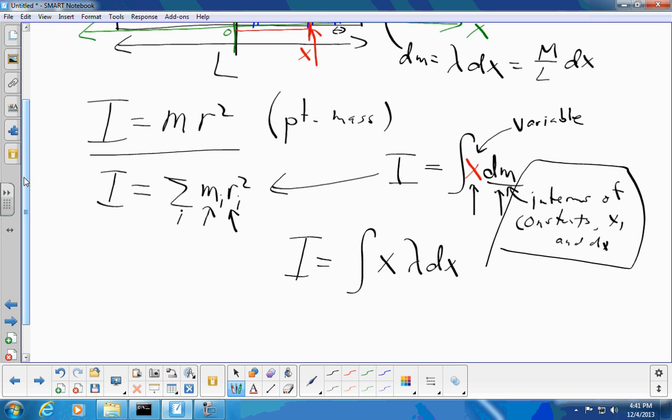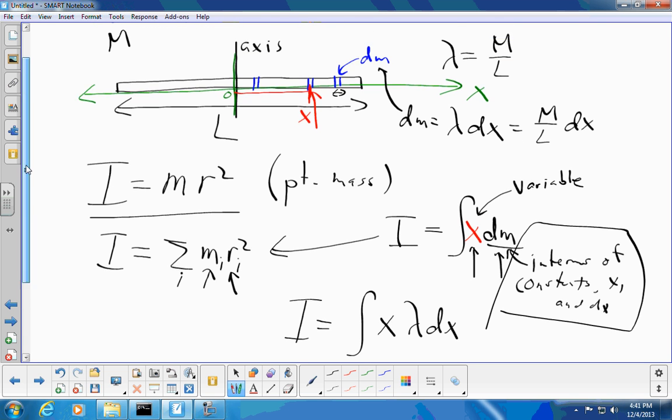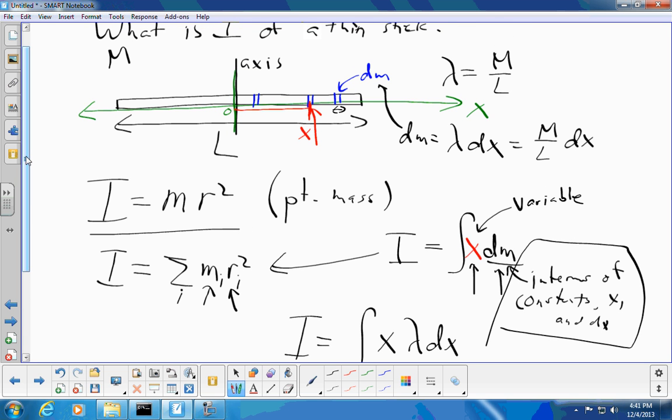I do have to come up with the appropriate limits of integration. In other words, over what domain on the x-axis do these values have real meaning? In other words, where do these bits of mass dm fall on the x-axis? They start over here on the left, and they go to here on the right. What are those values on the x-axis?